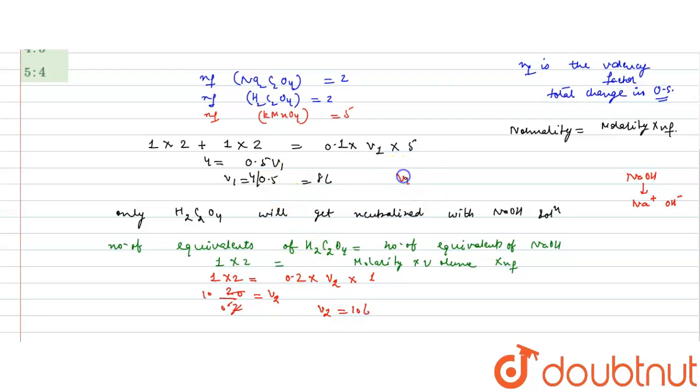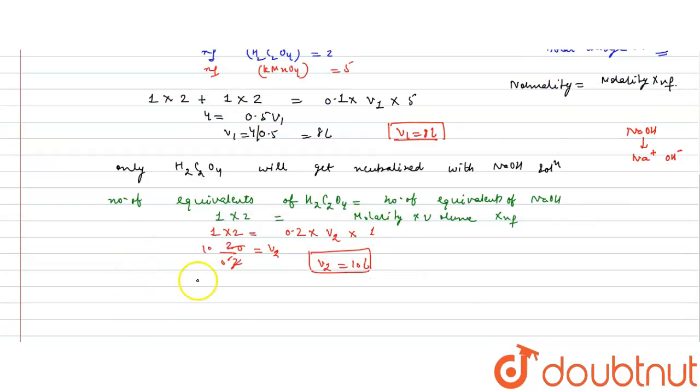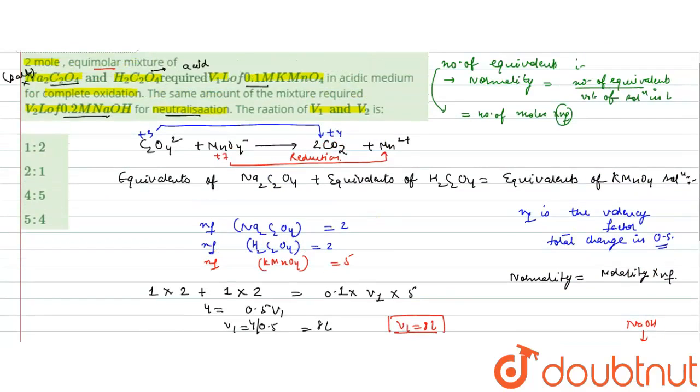Now we have V1 equals 8 liter and V2 equals 10 liter, and we have to calculate the ratio of V1 to V2 as asked in the question. So it will be V1 by V2, that is 8 is to 10, 2 4s are 8, and 2 5s are 10. So it is 4 is to 5. So option C is the correct option, that is 4 is to 5.